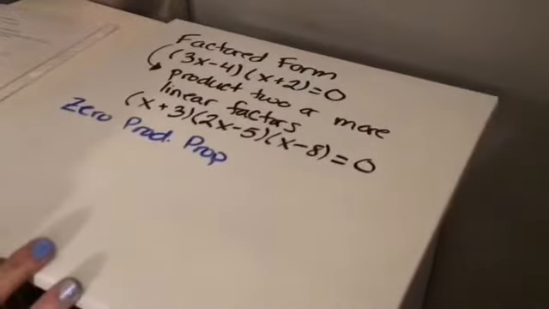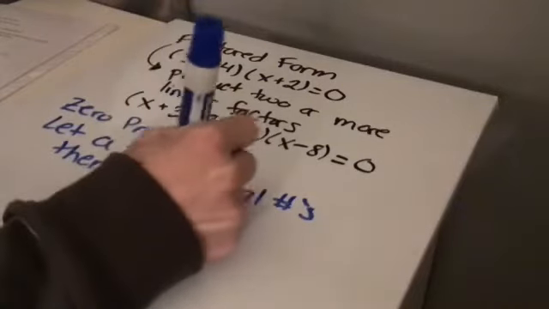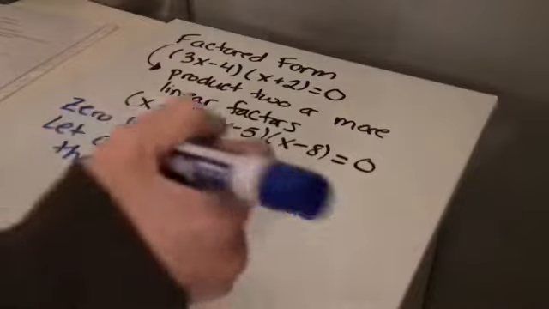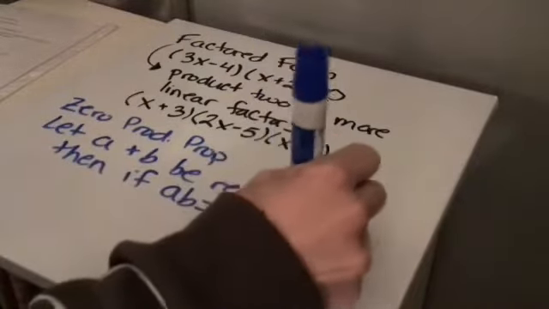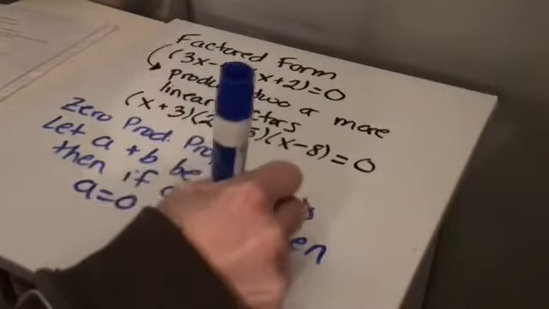Okay? It tells us that if A and B are real numbers, okay, then if their product is 0, so if A times B equals 0, then we can say that A has to be 0 or B has to be 0.